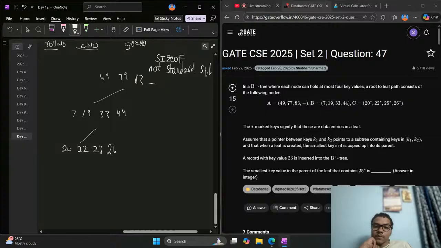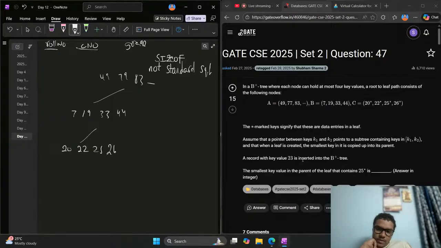Data entries is a leaf. The pointer between K1 and K2 points to a subtree containing keys between K1 and K2. And when a leaf is created, the smallest key in it is copied up to its parent.